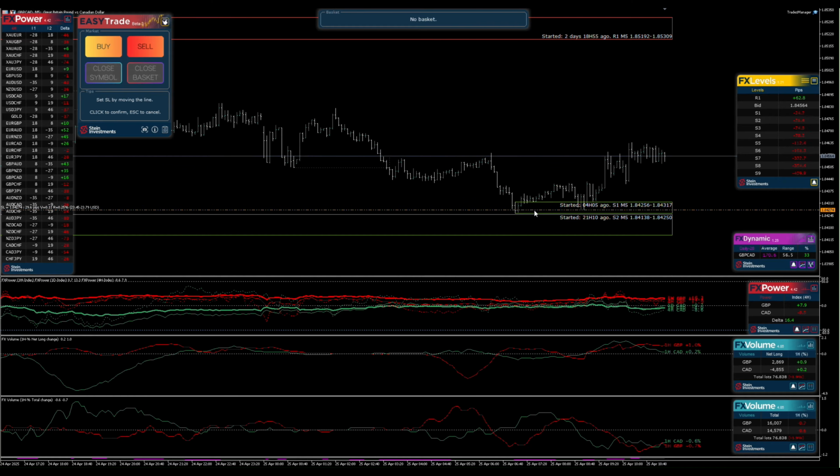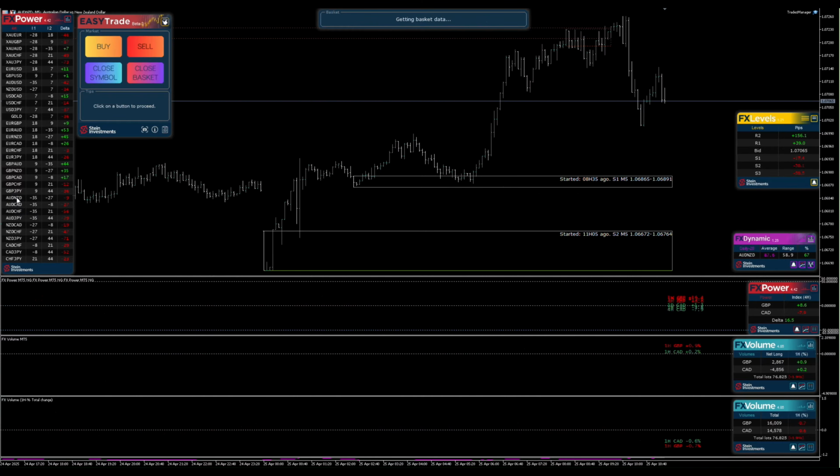So we execute the trade as suggested by the AI, and the second one was the Aussie dollar, New Zealand dollar.